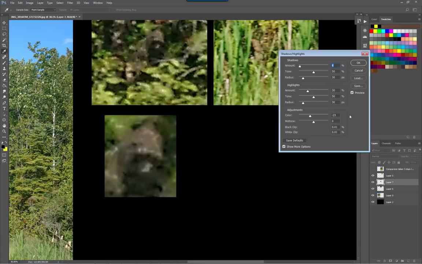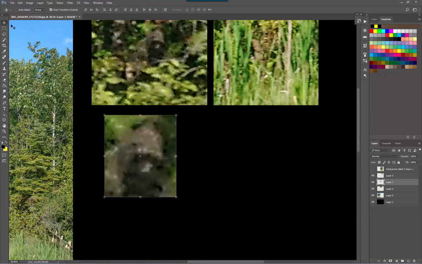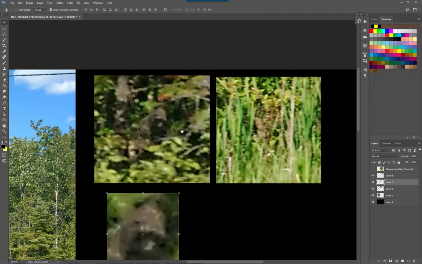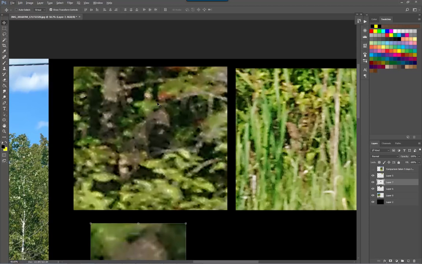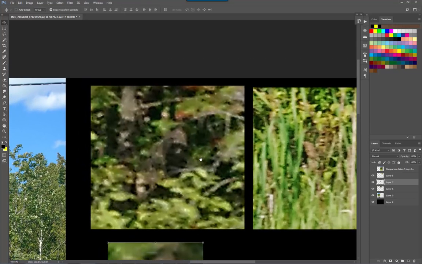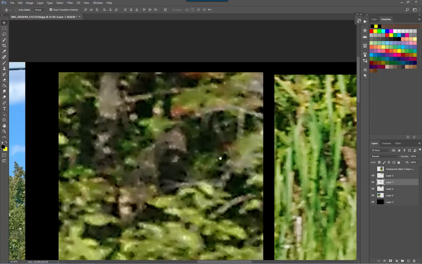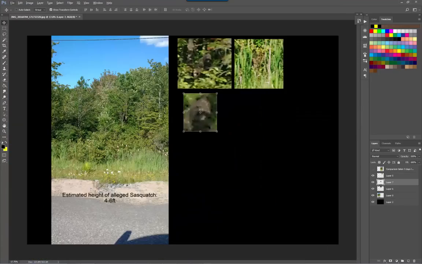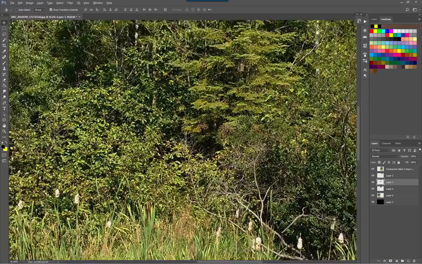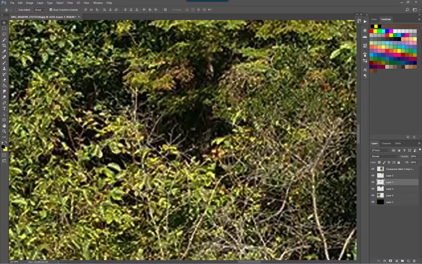So I cannot say obviously 100% what this is. I mean, whether it is a Sasquatch or some other animal or just nothing, you know. But it's interesting that it's not in the comparison. Nothing that would even resemble that.